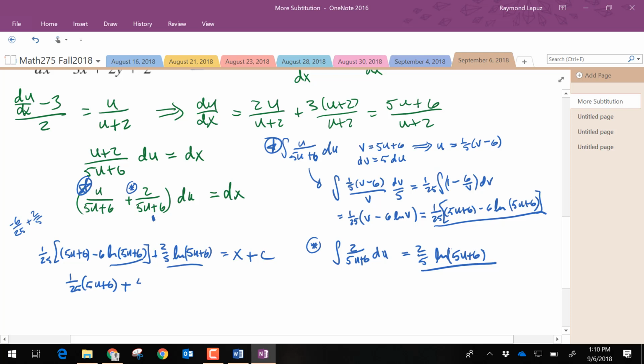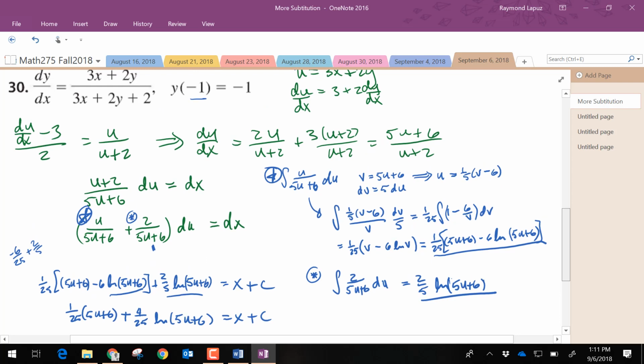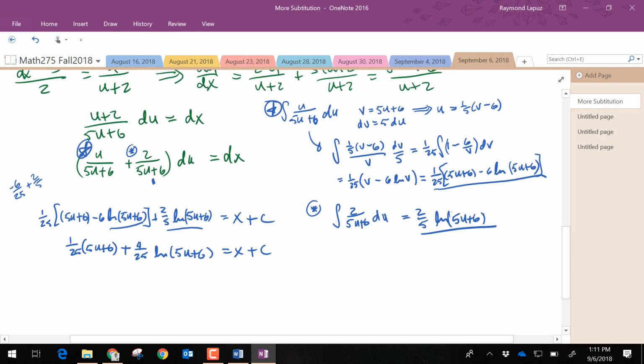What did we say? 4 over 25 ln 5u plus 6 plus c equals x plus c. All right, and now we need to replace with, what was it? 3x plus 2y, where the u is. Wow, this is a mess.